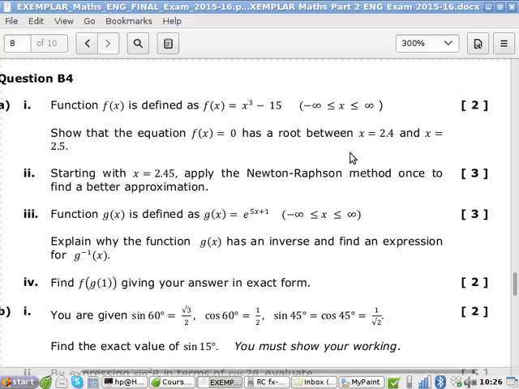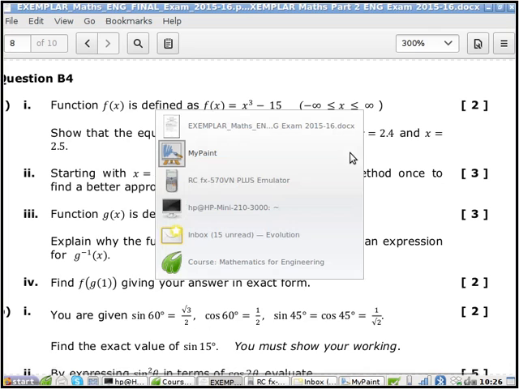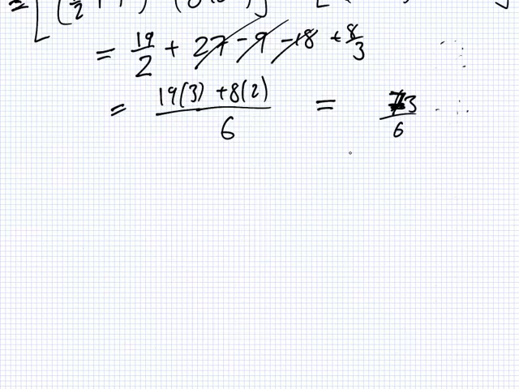Anyone remember? How to show if something has a root between, say, 2.4 and 2.5?